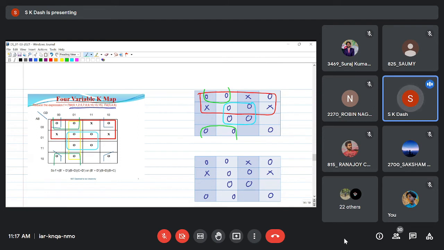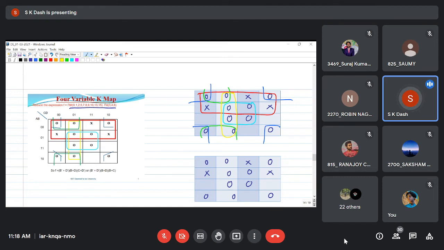Four corners can be a quad. Any other quad possible? This can be a quad. Okay. Apart from this, anything else possible? Anything else?